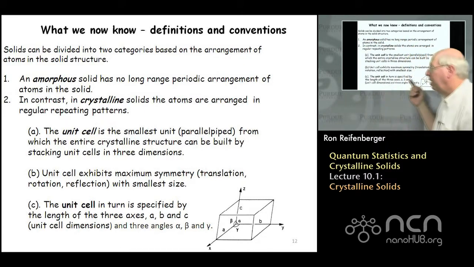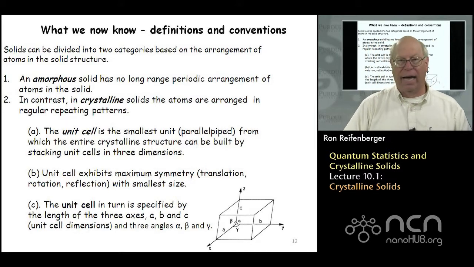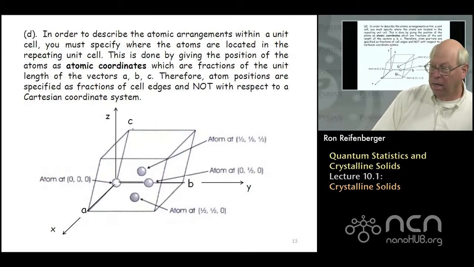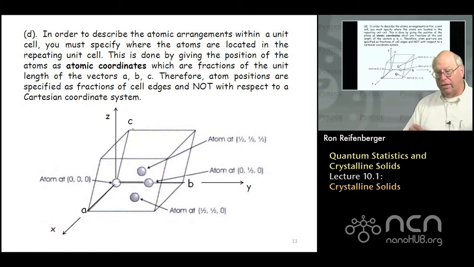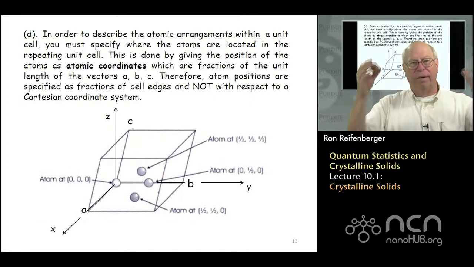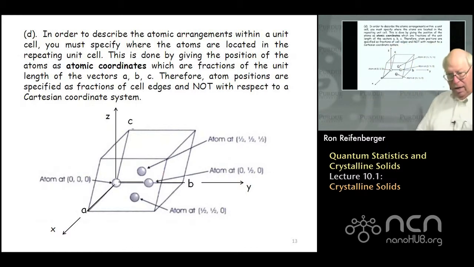Knowing the dimensions of the unit cell, A, B, and C, and knowing the angles alpha, beta, and gamma, allows you to specify an awful lot about the crystalline structure that results when you stack these unit cells to form a macroscopic crystal, as we'll see in the next lecture. It's also important to realize that inside a given unit cell there are atoms positioned to mimic the entire crystalline solid that you observe when you grow these materials.